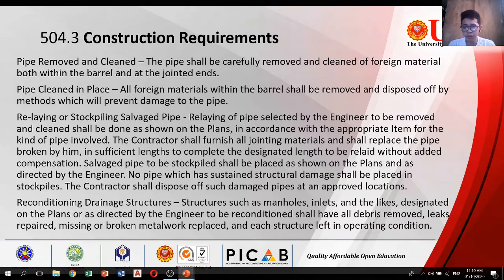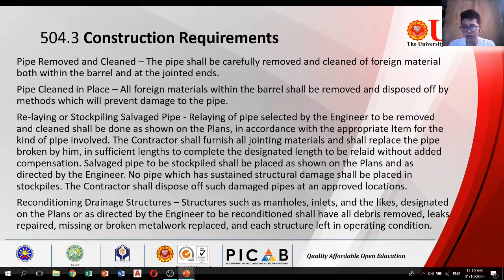Salvage pipe to be stockpiled shall be placed as shown on the plans and as directed by the engineer. No pipe which has sustained structural damage shall be placed in stockpiles. So the contractor shall dispose of such damaged pipes at an approved location.